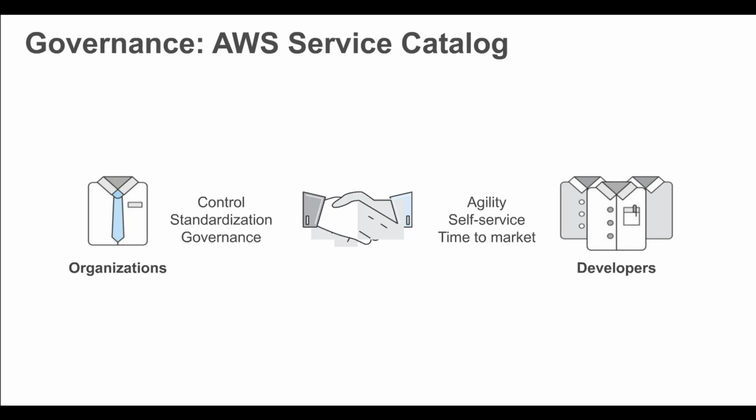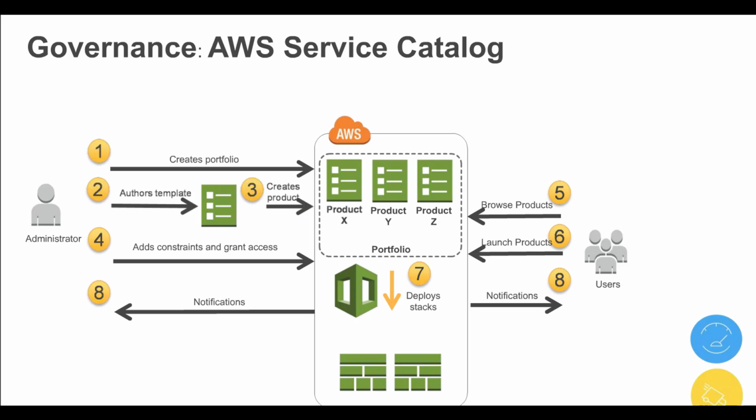AWS Service Catalog brings the two worlds together and helps developers develop faster and organizations control standardized governance through various mechanisms. How does AWS Service Catalog help us build this governance in the portfolio?